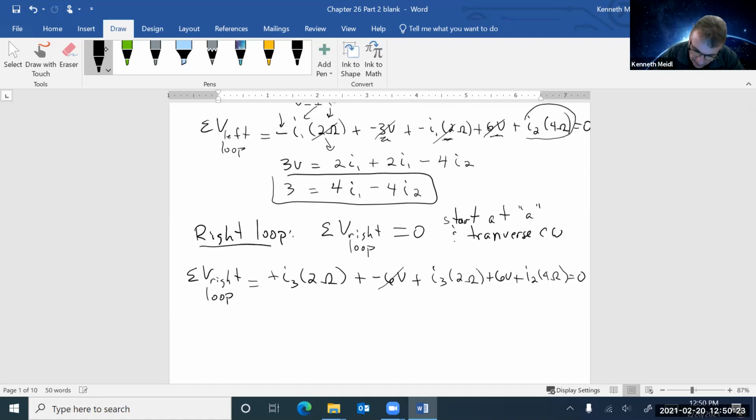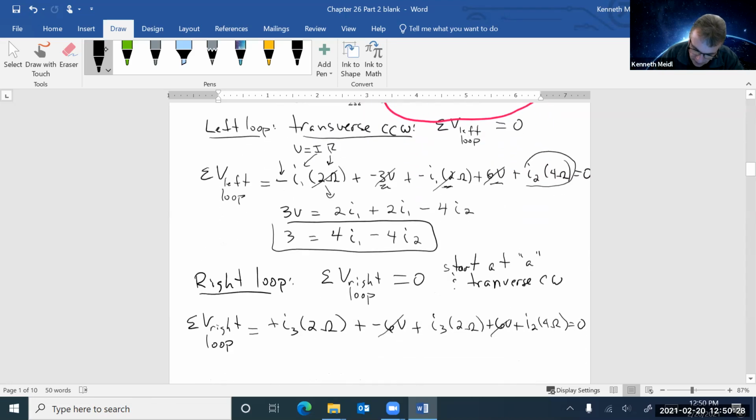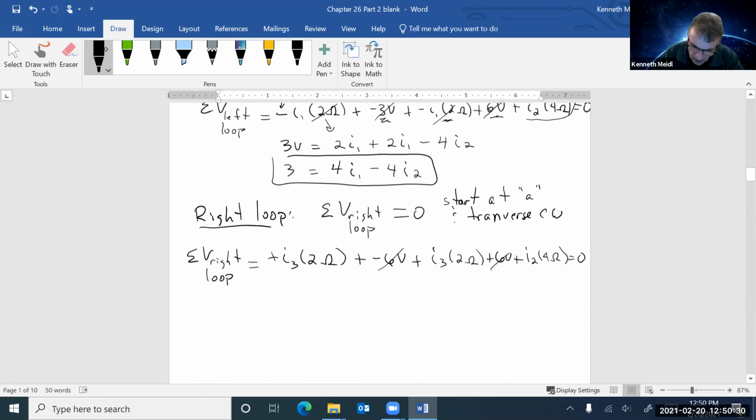And I see I've got minus 6 volts plus 6 volts. That seems odd, but yeah, those are both 6-volt batteries. So, okay. And I've got an I3 and an I3 and an I2 here. So I'm going to combine those I3s. So I've got 2 of them plus 2 of them.